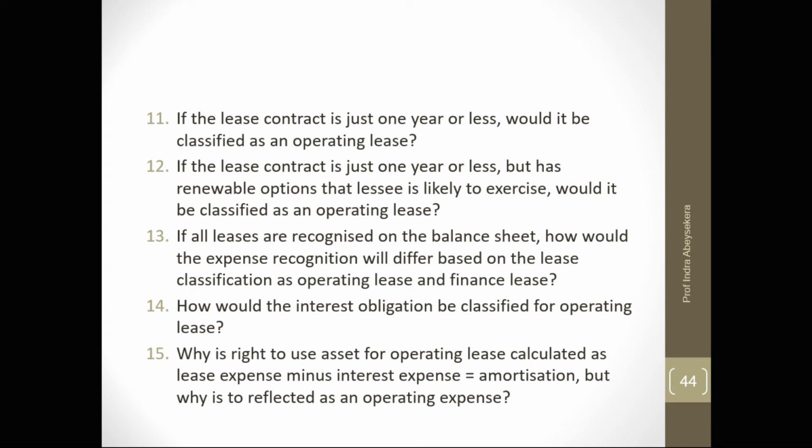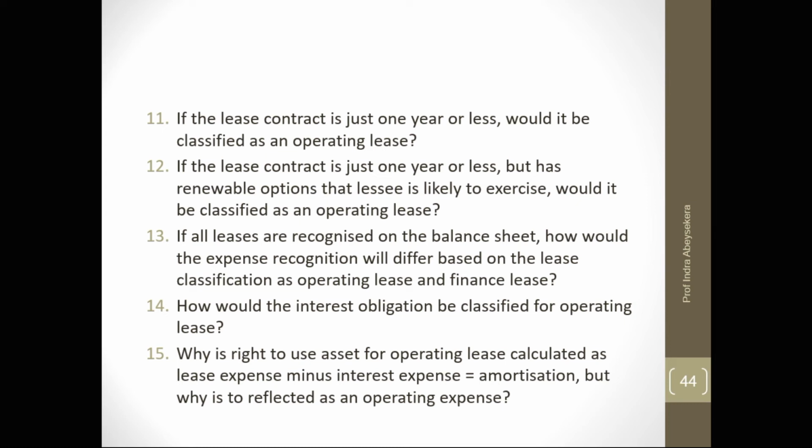So make a note that under the new leasing standard, all assets are shown on the balance sheet, but their treatment would be parallel to the old leasing standard, but they would not be off the balance sheet.